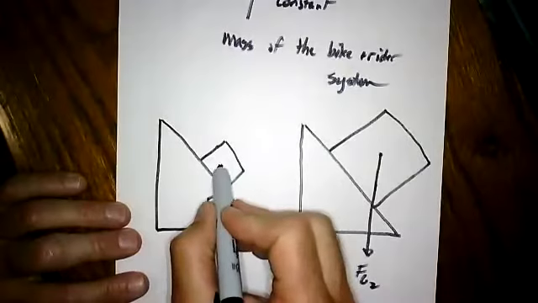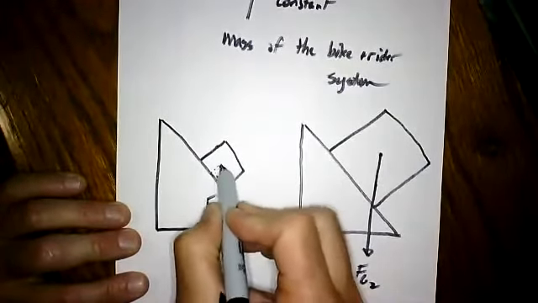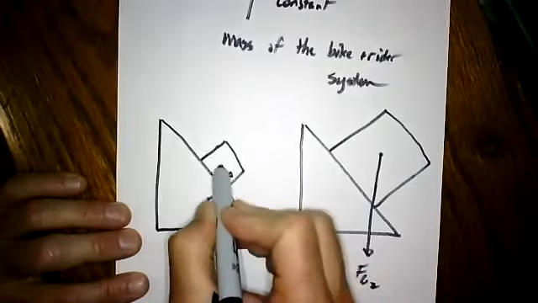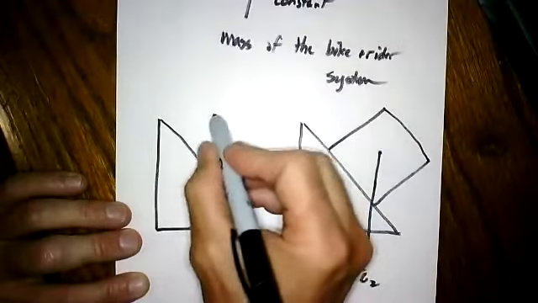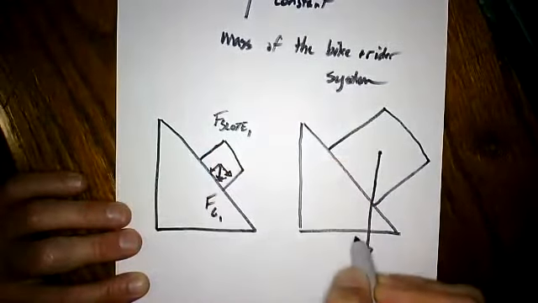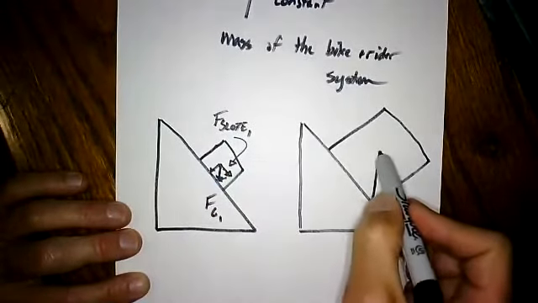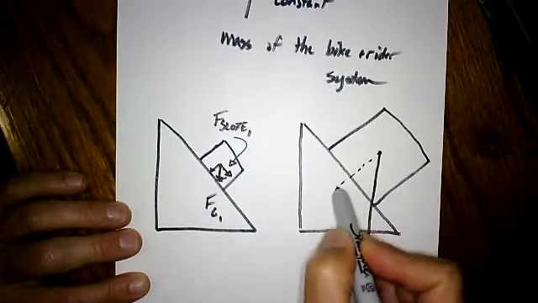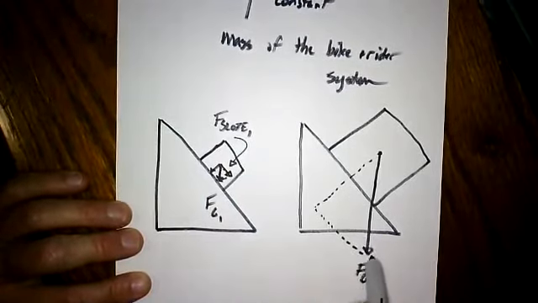Let's draw out our rectangle. F slope right there. F perpendicular, we're not dealing with that. That's our F slope for object 1. Let's do that here. Draw my dotted line, draw the rectangle.